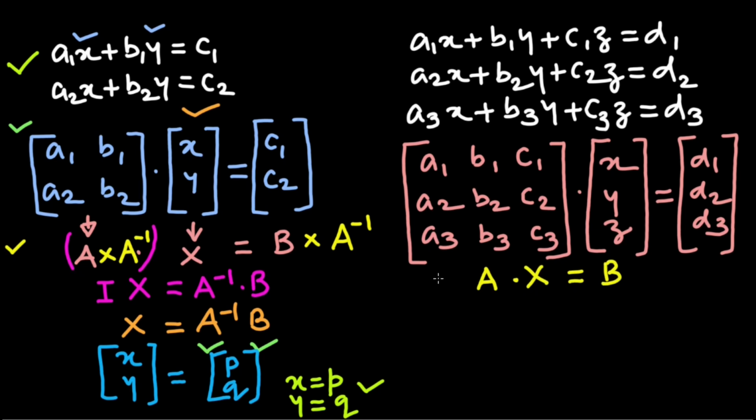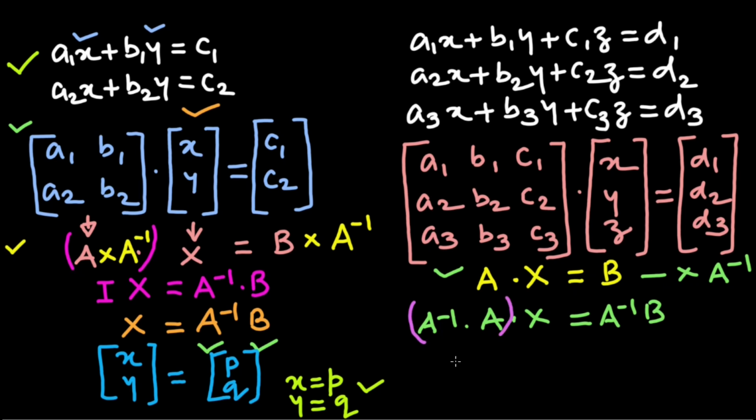Now we multiply this equation by A inverse throughout. So we write A inverse into A into X equals A inverse into B. Now A inverse into A is nothing but I, so it will be I multiplied by X, which equals A inverse into the constant matrix B. But I into X is nothing but X, the column matrix of the variables x, y, and z, which will be A inverse into B. Here, matrix B is known.